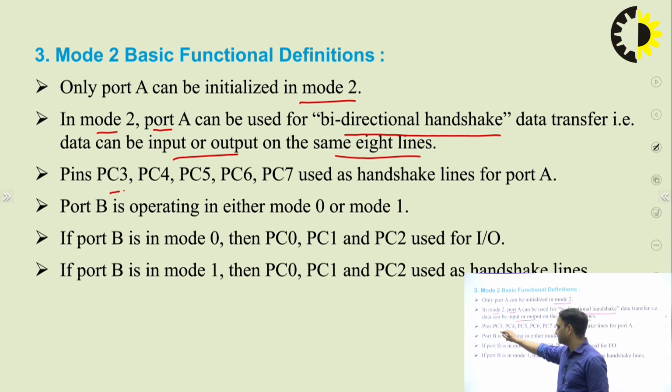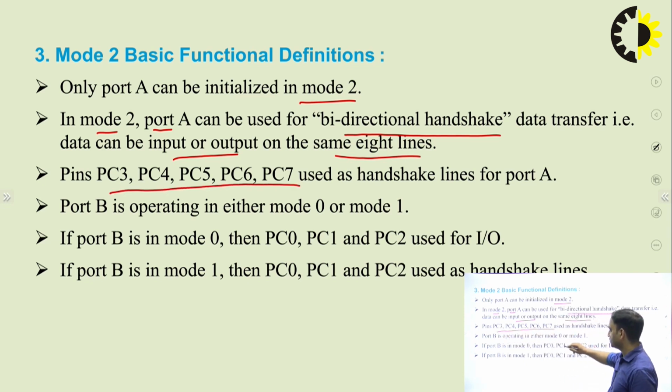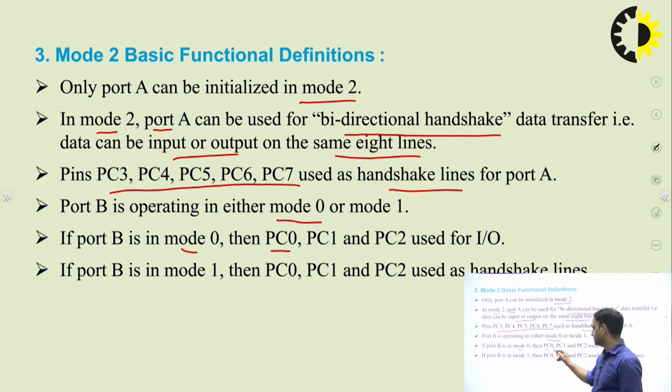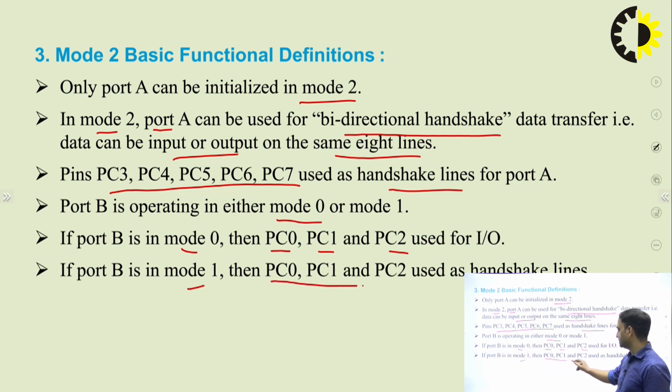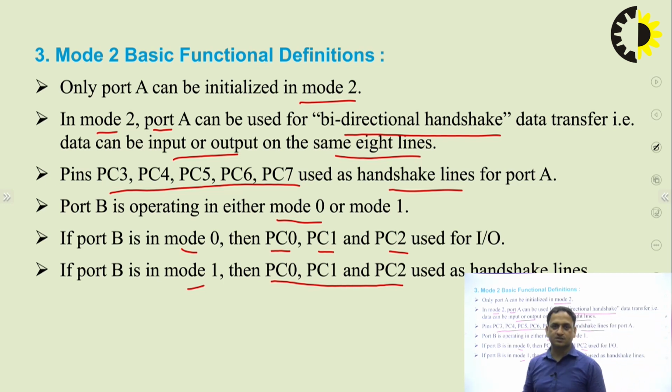Pins PC3, PC4, PC5, PC6 and PC7, all these 5 lines, are used as handshake lines for port A. Port B operates in either mode 0 or mode 1. If port B is in mode 0, then PC0, PC1 and PC2 are used for I/O. If port B is in mode 1, then PC0, PC1 and PC2 are used as handshake lines. Okay, I hope these different cases of mode 0, mode 1 and mode 2 are clear to all of you.